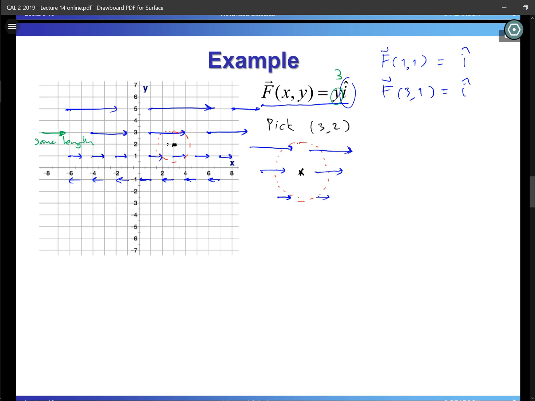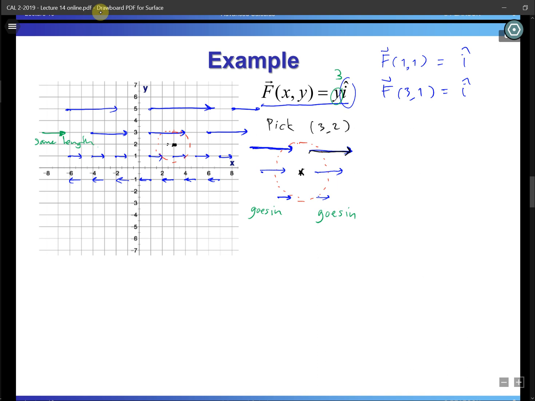Now you can see on the left hand side this goes in, and on the right hand side this goes out. I told you about divergence. Let's start with the divergence for this one, by the way. Divergence: if more flow goes in, it's going to be negative. If more flow goes out, it's going to be positive. But you can see that in this case this arrow goes in, and in the end the same arrow goes out.